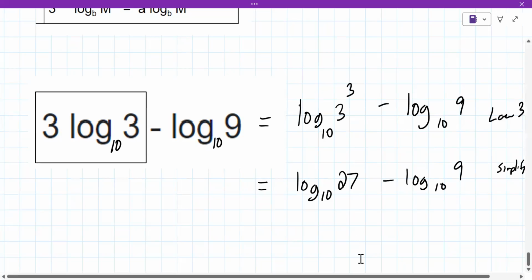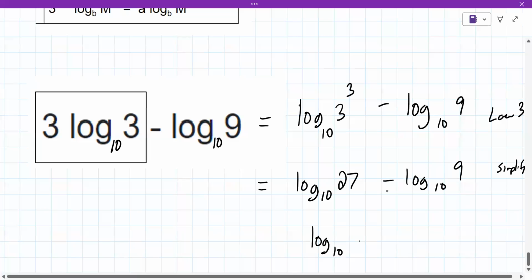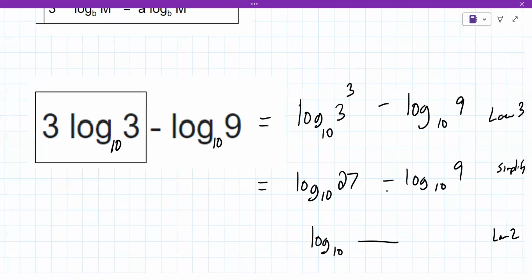Okay, now what law applies when you have a difference? Law 2. So this becomes log base 10 of what divided by what? It would be 27 divided by 9.